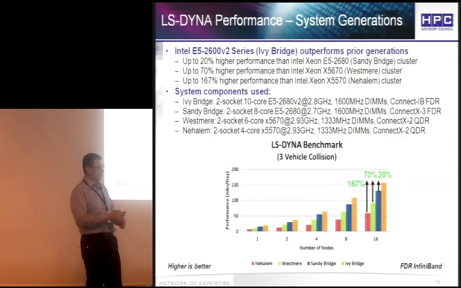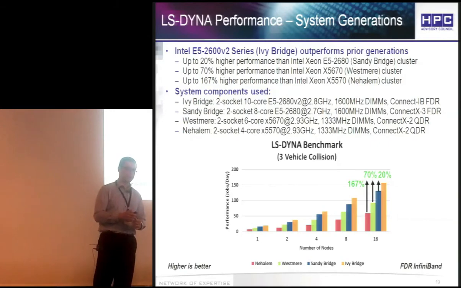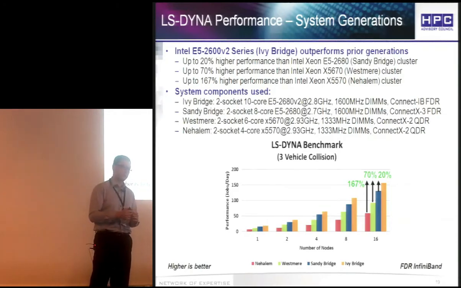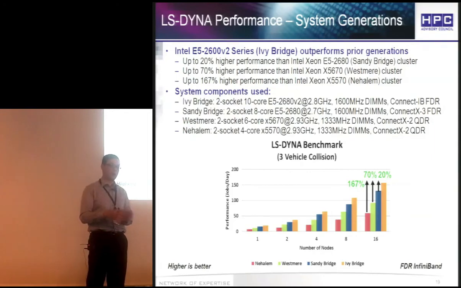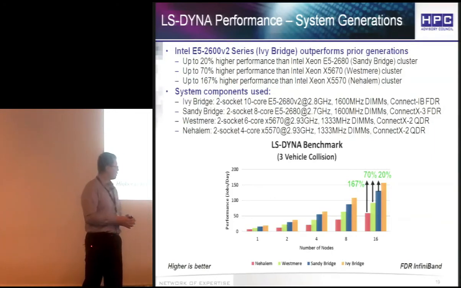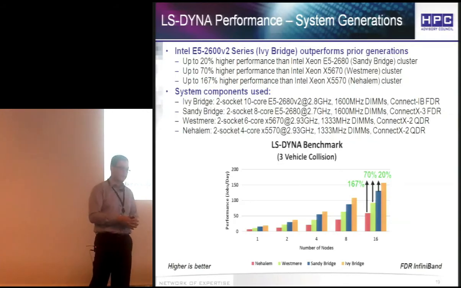So this is an interesting slide. It basically compares different generations of systems to the current generation that you get with the latest hardware components. The four that I'm showing right here were, at the time, typical HPC configurations.